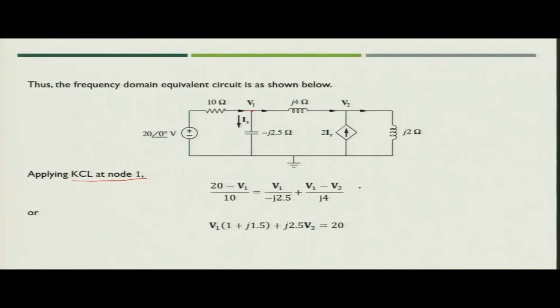Now, if you simplify this equation, you can write V1 (1 plus j 1.5) plus j 2.5 V2 equal to 20. So, this is what you will get when you apply KCL at node 1.